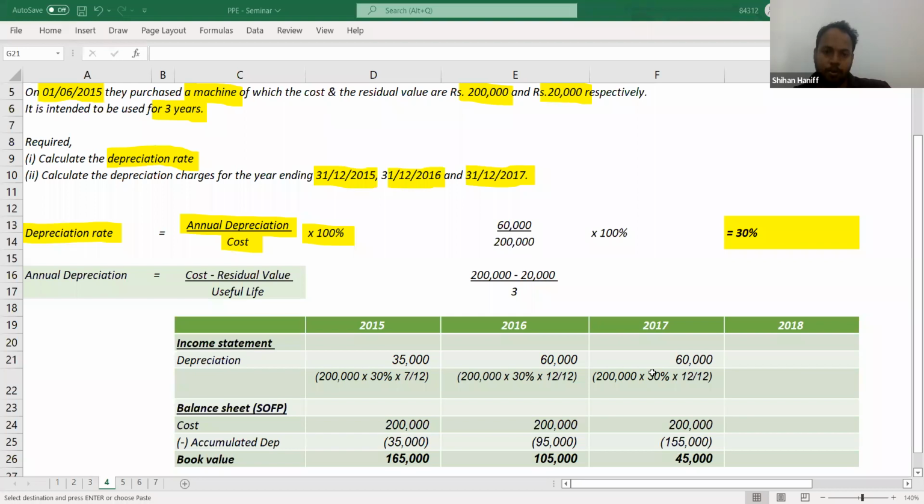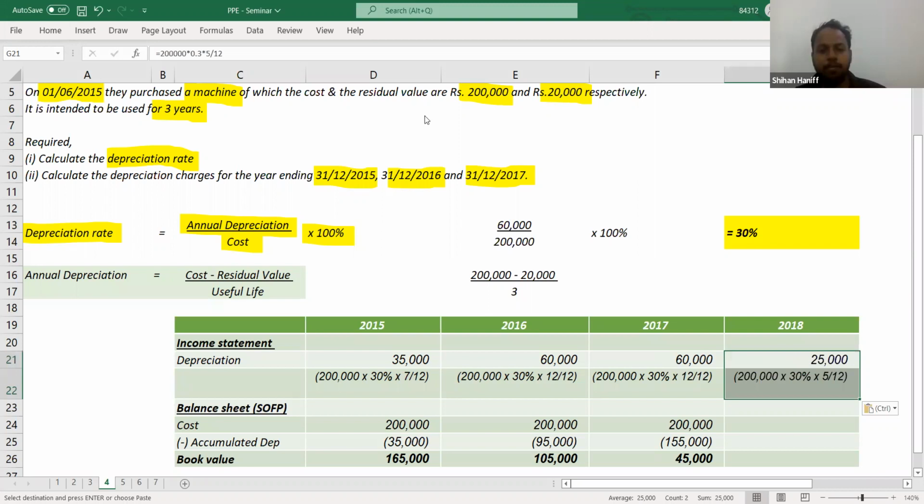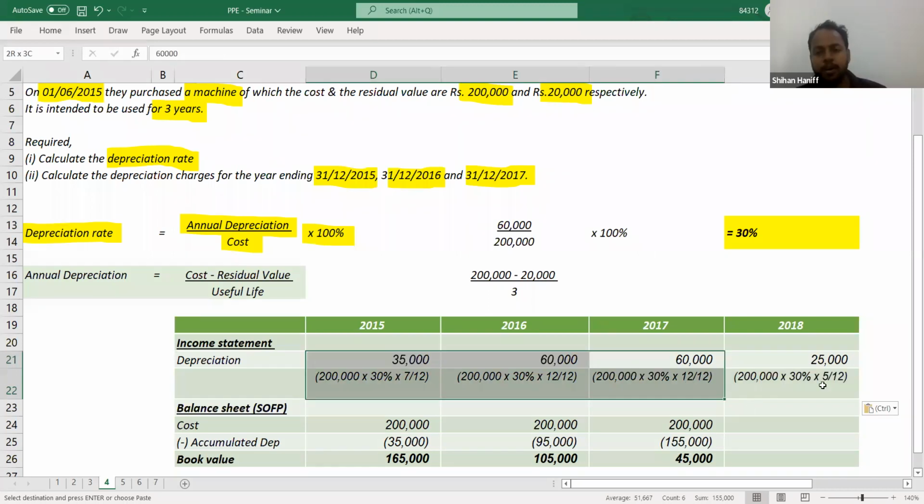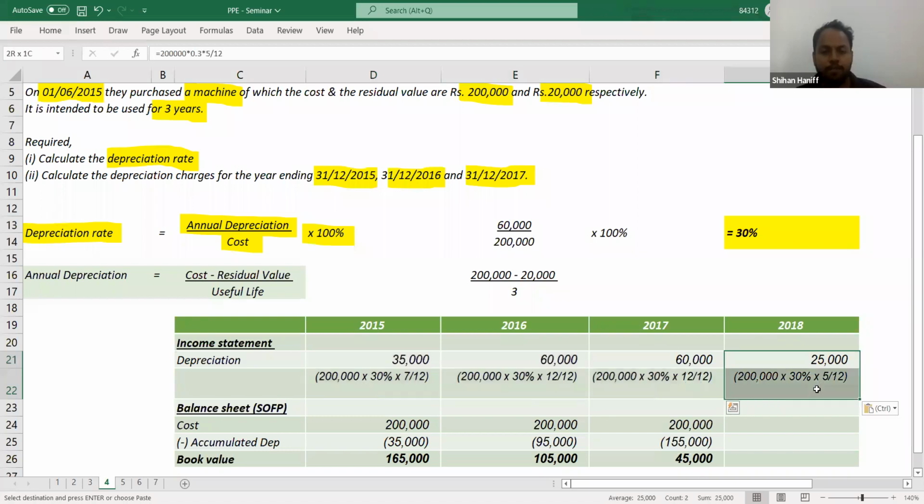Okay, so how many months? We will have 2 years and 7 months completed. So there will be another 5 months. Only another 5 months.